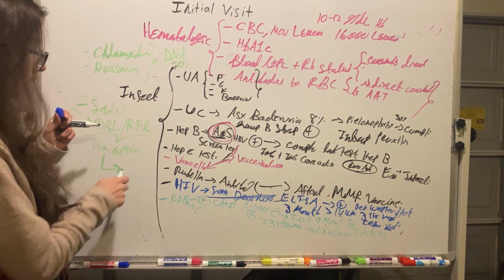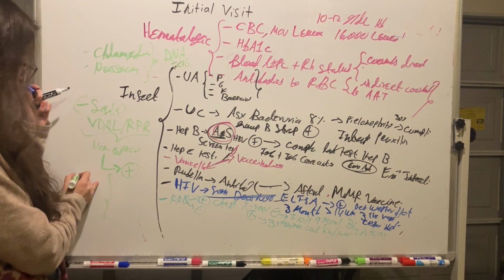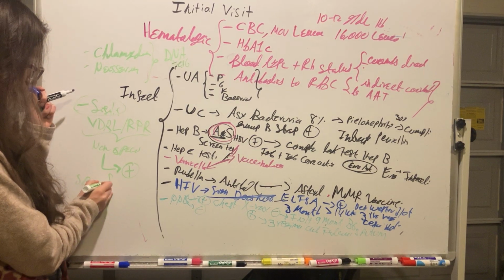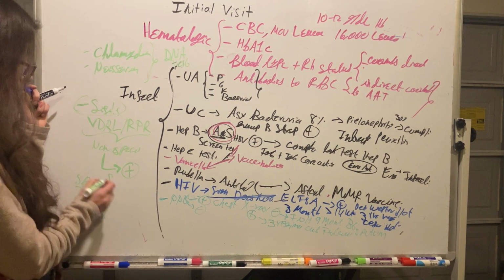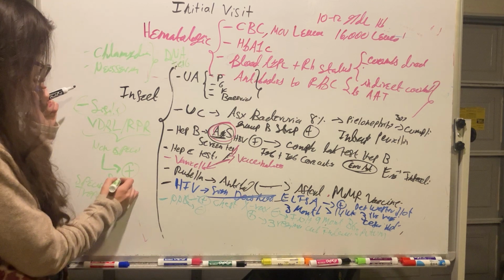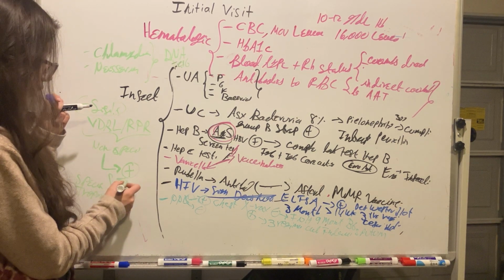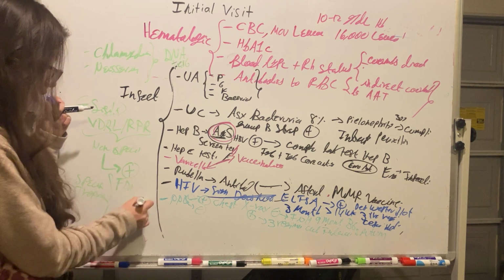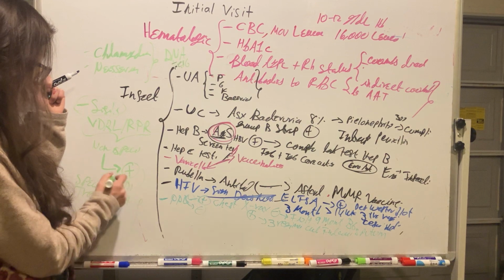So if it is positive, then we do a specific treponemal test, which is the FTA, the fluorescent antibody, and MHA.